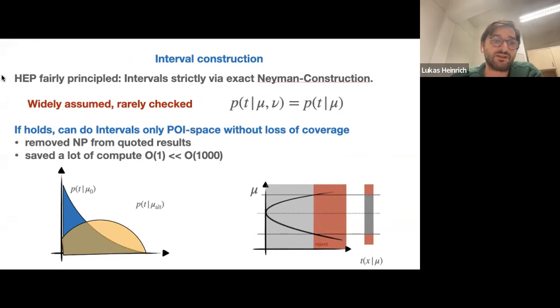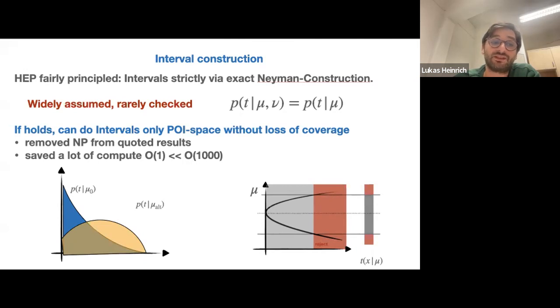Here we do one little shortcut: because we use, for example, asymptotic theory, we assume that the sampling distributions of the test statistic only depend on the parameter of interest, so that we don't need to do the Neyman construction in the full parameter space, but can get away with just doing it in the parameter of interest space without any loss of coverage. This works if you're really in a space where all of the assumptions of asymptotics hold.